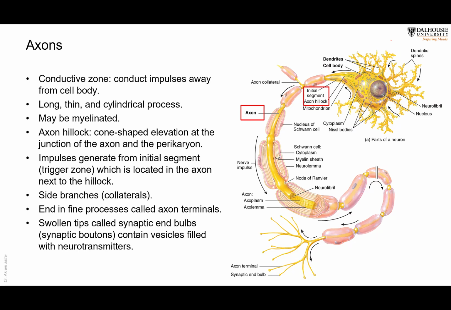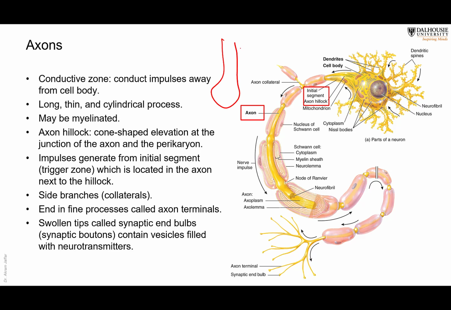The axon, usually it is a single axon, as you can see. It's very long and thin. It is a cylindrical process. Sometimes it has a collateral, another branch that runs with it. But all the time, the distal end will divide into very small branches, and these branches end in what are called synaptic boutons or synaptic bulbs, because they look like the bulb of an onion.